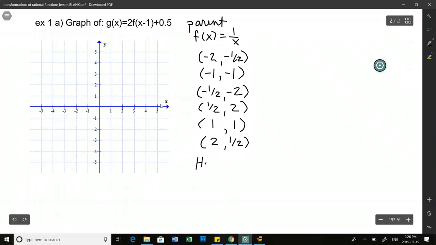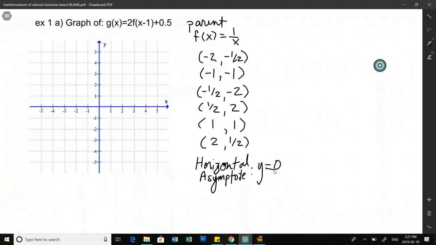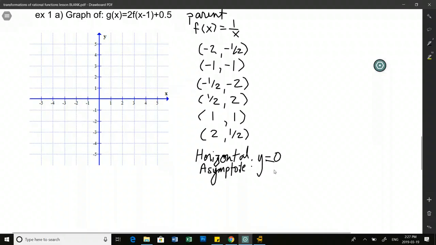Okay, and then we have a horizontal asymptote at y equals 0, which we know moves with the c value. And we have a vertical asymptote.